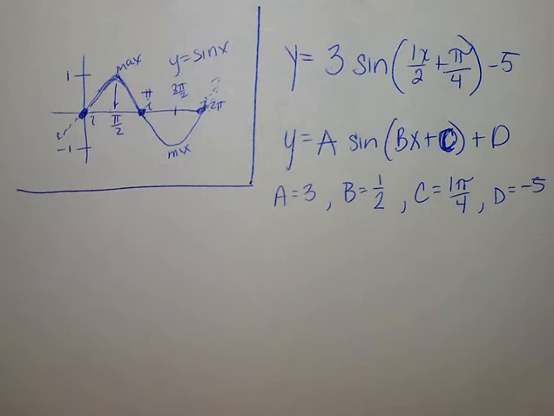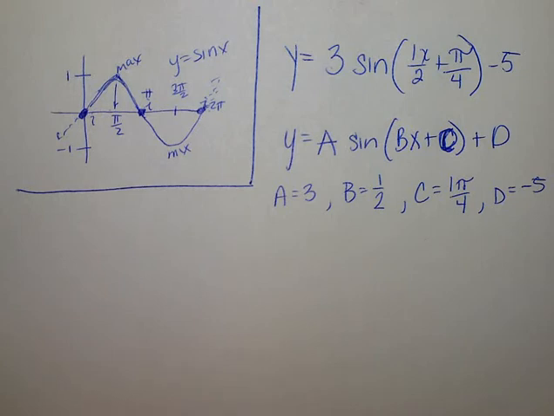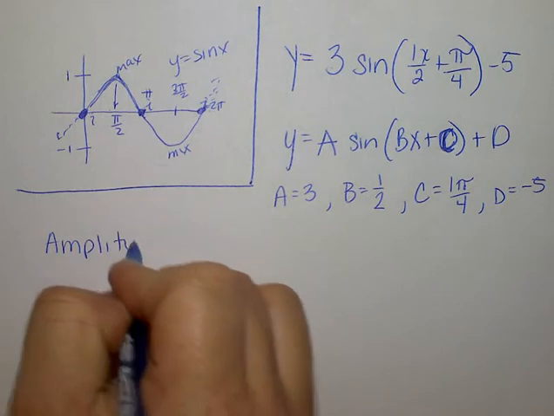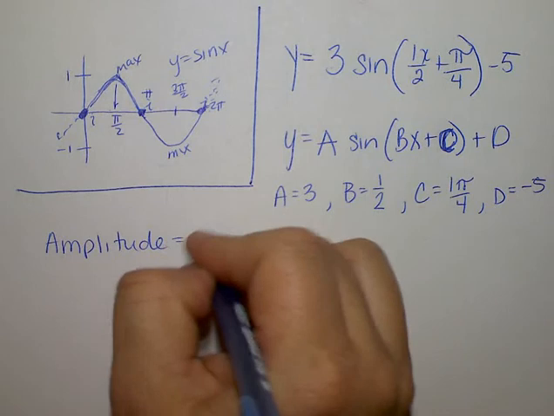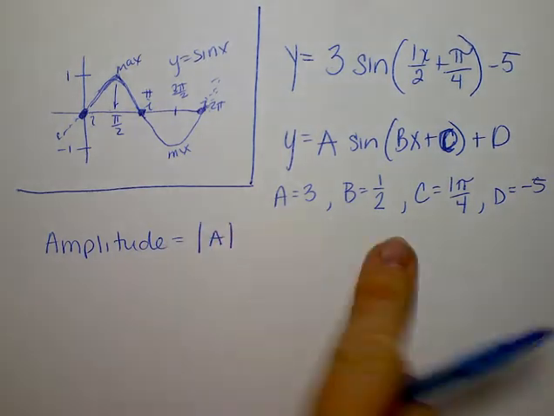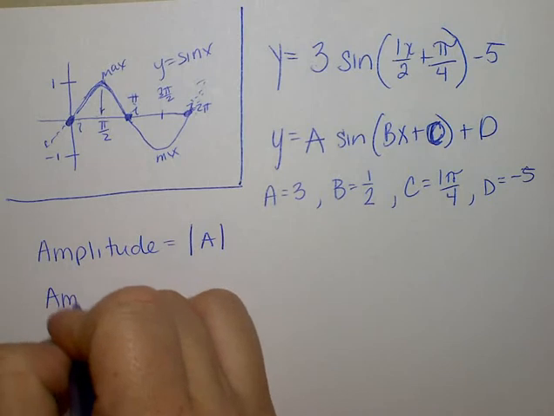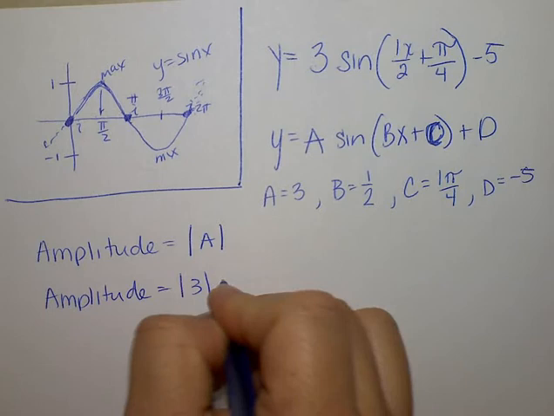Okay, the first thing on the list that we have to identify is the amplitude. The amplitude describes a distance, and distance is always positive. So the amplitude is equal to the absolute value of A, which is equal to 3.